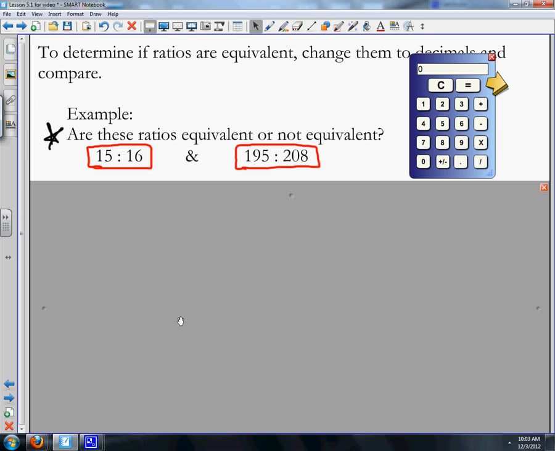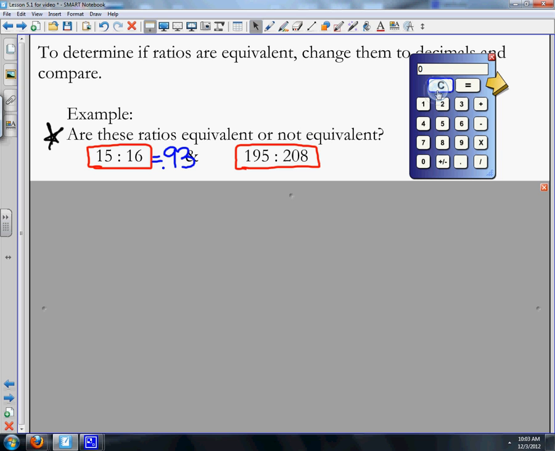So now I'm going to take the first number, which is 15, and I'm going to divide it by the second number, which is 16. So hit 15 divided by 16 and hit equals. That equals 0.93. Okay, so I know that is 93%, or a decimal, 93 hundredths.